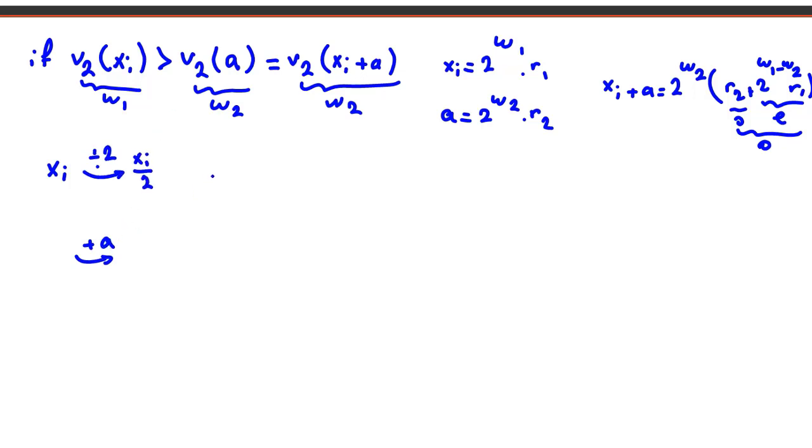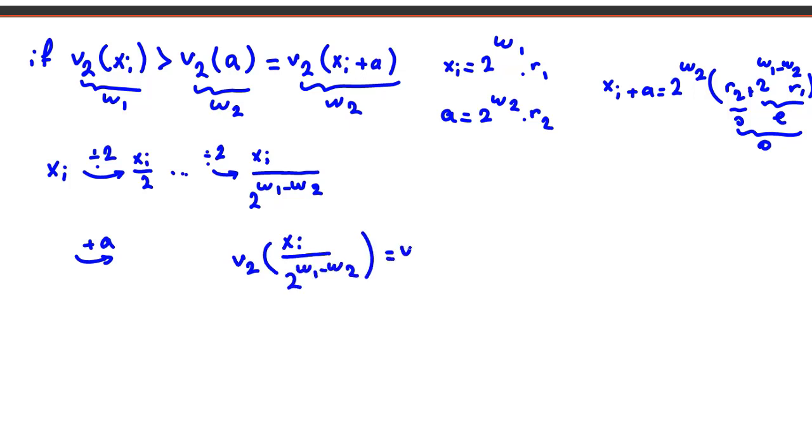Alice waits until we reach the state where v2 of this number equals v2 of a, which means xi divided by 2. Here we have 2 to the w1 minus w2, because 2 to the w1 minus this is 2 to the w2. So Bob divides by 2 up to this part. Now, in this case, v2 of xi over 2 to the w1 minus w2 equals v2 of a.